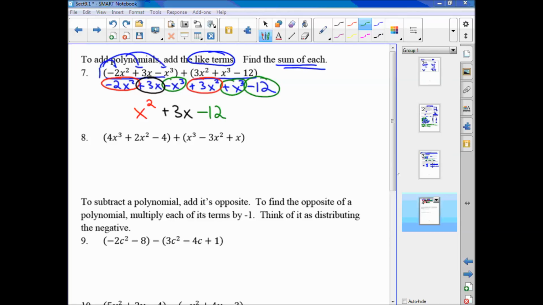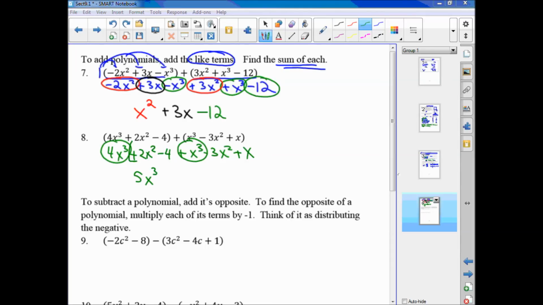All right, so for number 8, once again, the parentheses don't matter. So we do 4x cubed plus 2x squared minus 4 plus x cubed minus 3x squared plus x. We combine them up, so 4x cubed plus x cubed will go together. This will make 5x cubed.